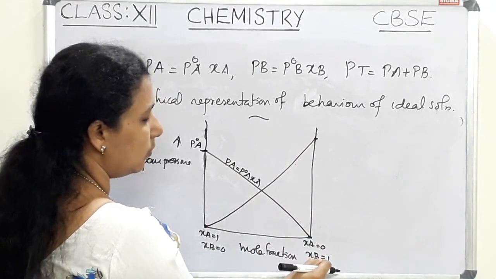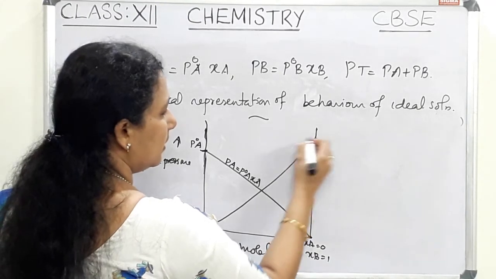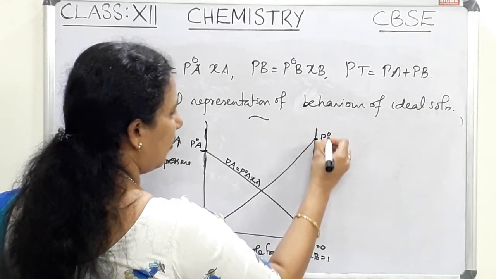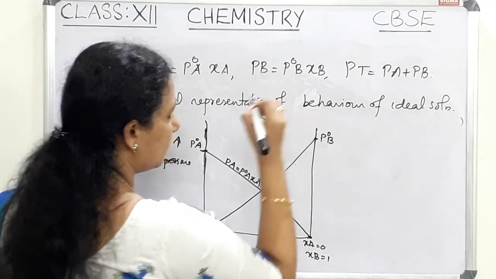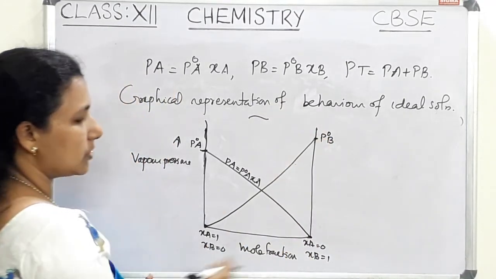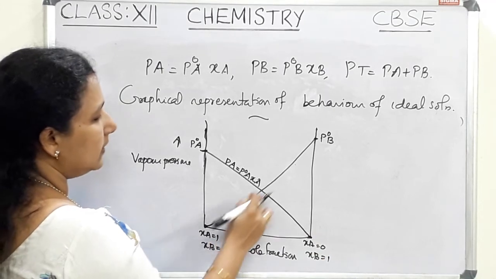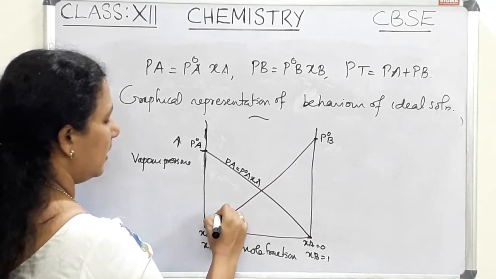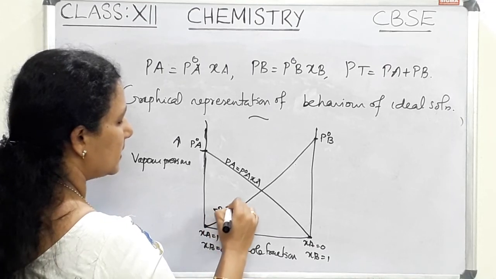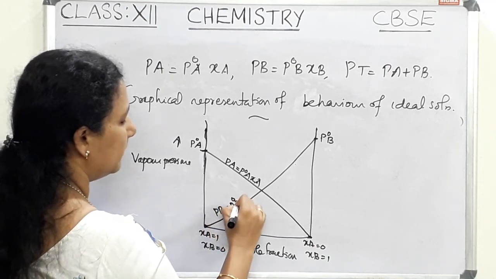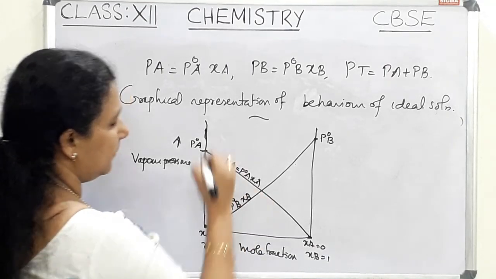That means this is the vapor pressure of pure component B, P0B. And this straight line is PB, that is PB is equal to P0B XB.